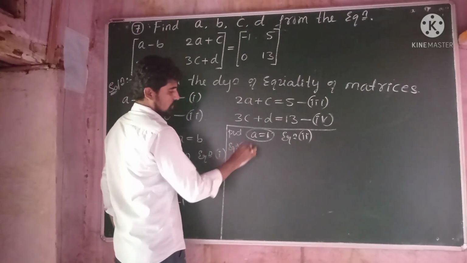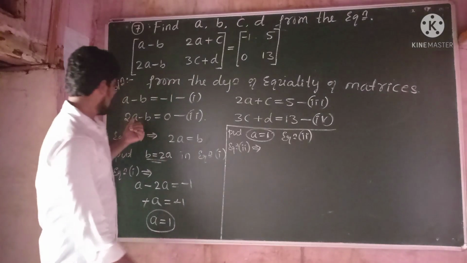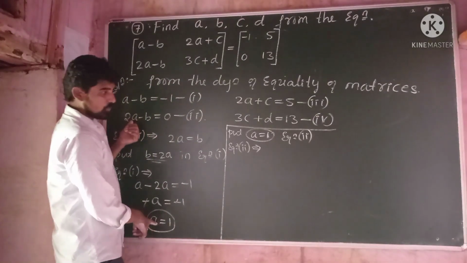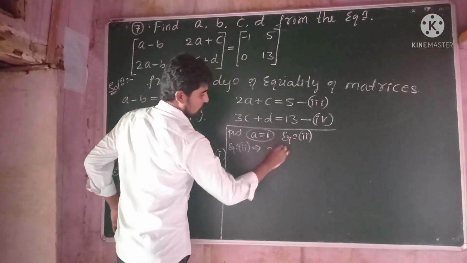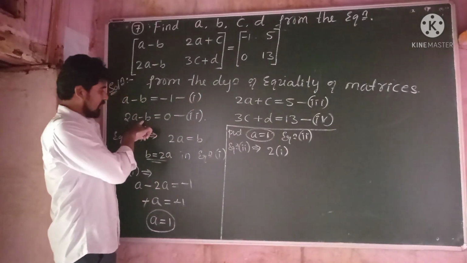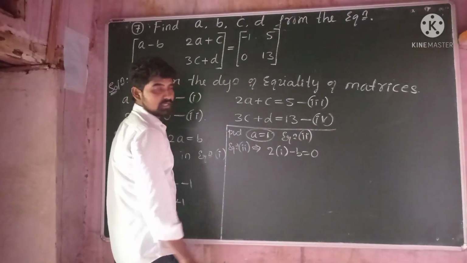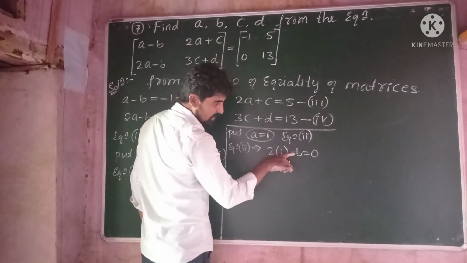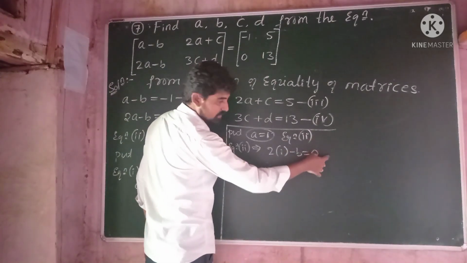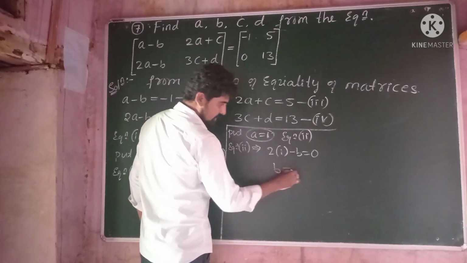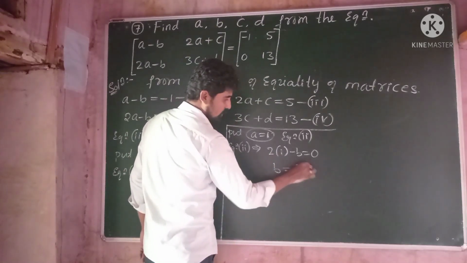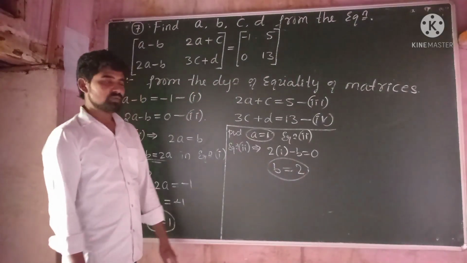So equation 2 implies 2 into A means 2 into 1. 2 into 1 minus B is equal to 0. So therefore, shift this minus B towards the right hand side. It becomes plus B, which is equal to 2 into 1 is 2. Therefore, value of B is 2.